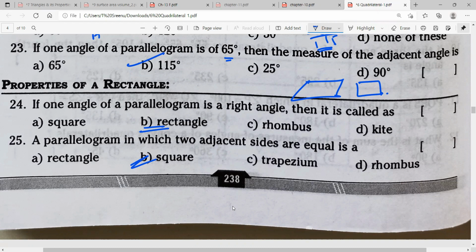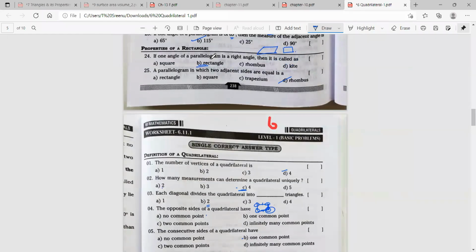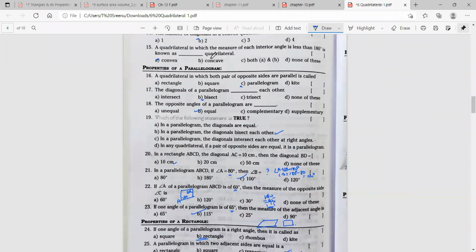If two adjacent sides are equal, we will go for rhombus, not square. A parallelogram in which two adjacent sides are equal is a rhombus. All adjacent sides equal is a square. Okay, please check once again. Please check the objective from 13 to 26.